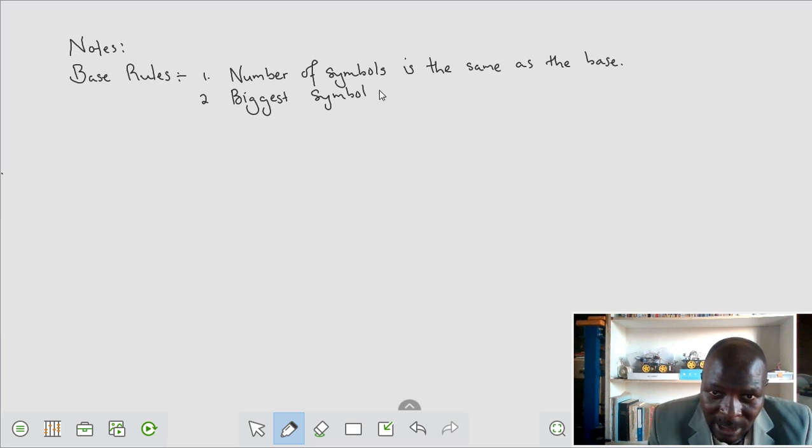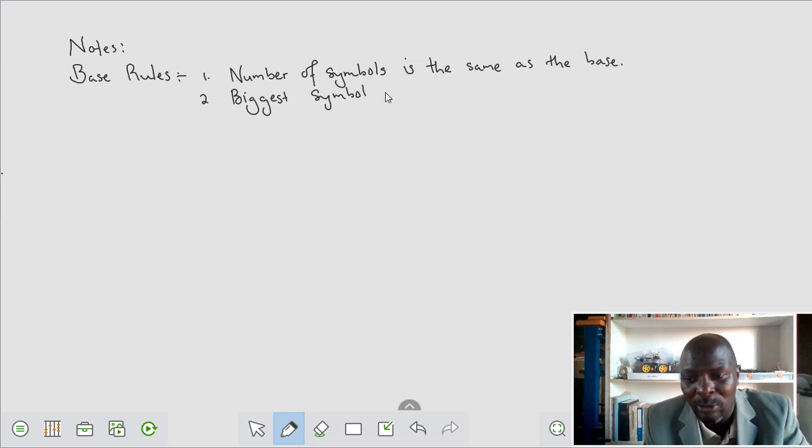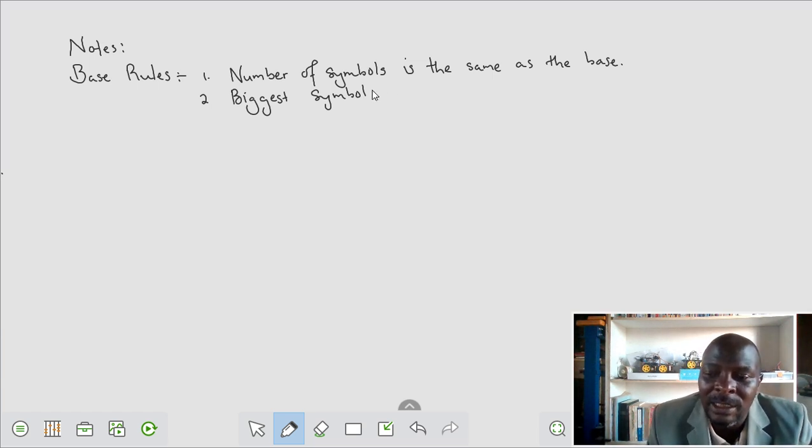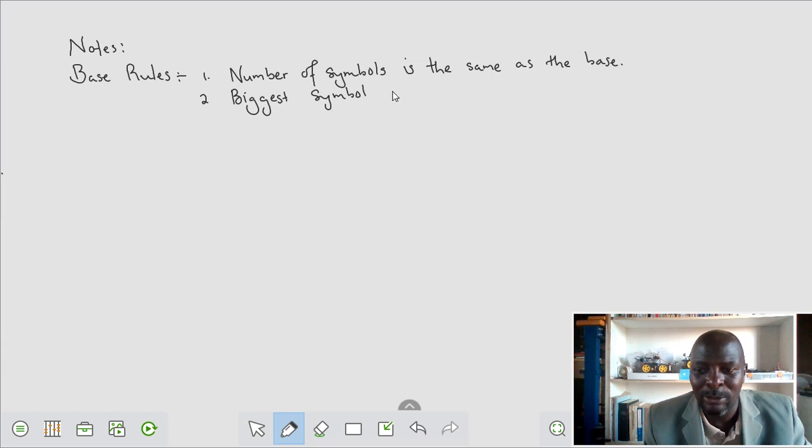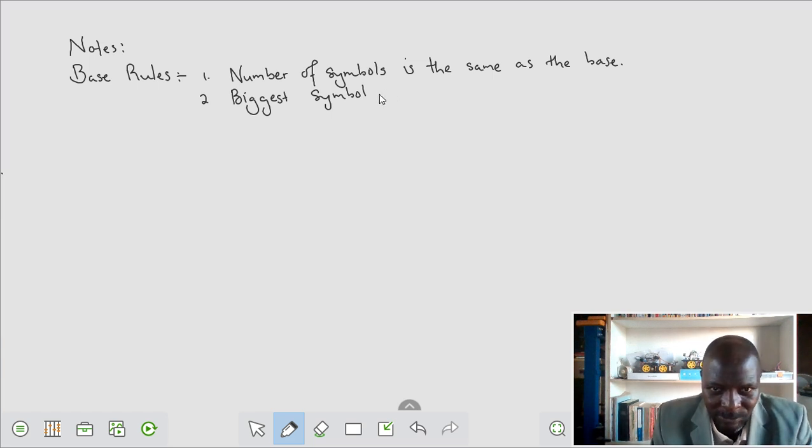Because remember, if we have 1 extra, we are going to have a set. So we're going to promote and say we have an extra 1 set. So every time the biggest symbol is going to be 1 less than the base.